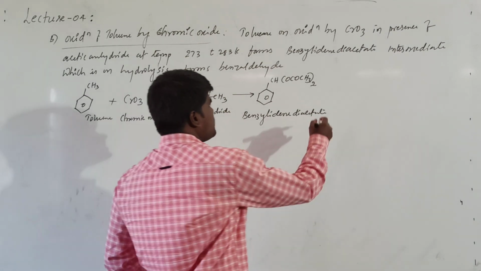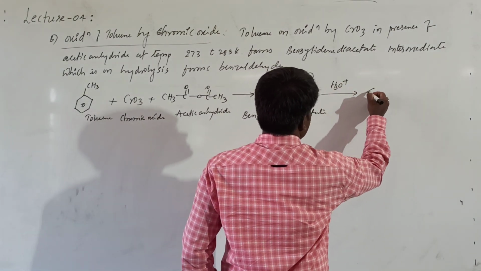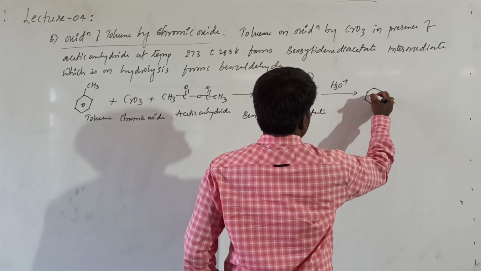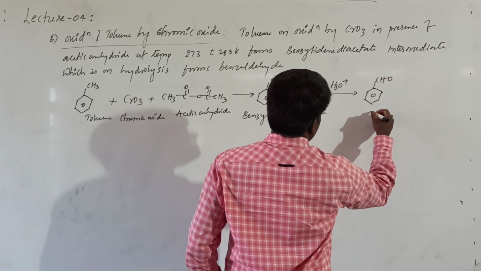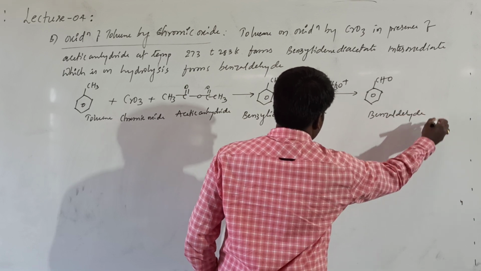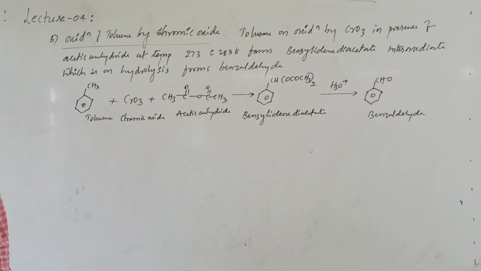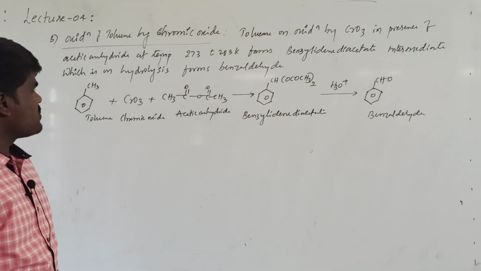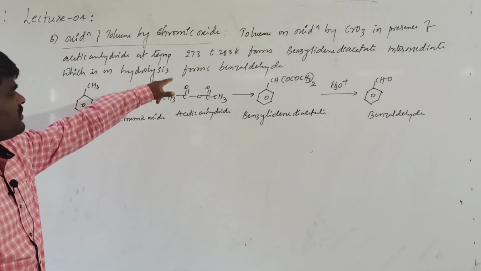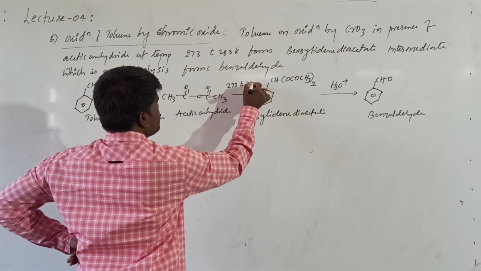If you hydrolyze this intermediate, on hydrolysis it forms benzaldehyde. This is another method of preparation of benzaldehyde and its derivatives. Here, toluene is treated with chromic oxide in the presence of acetic anhydride at a temperature of 273 to 283 Kelvin.